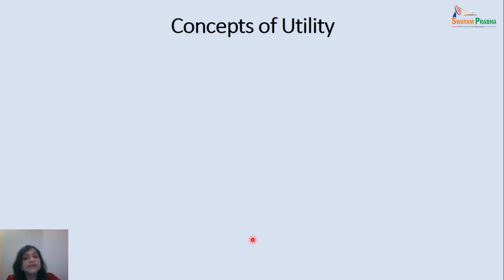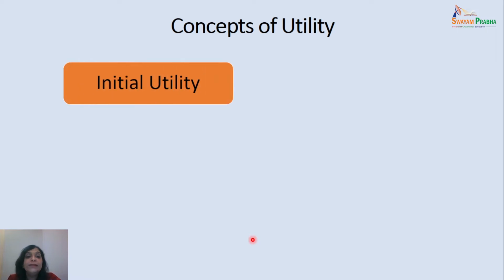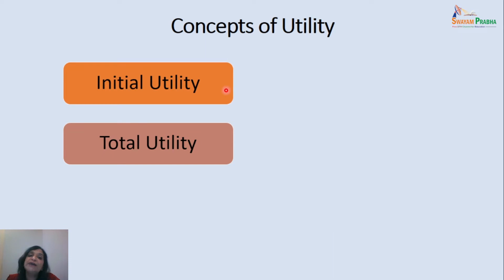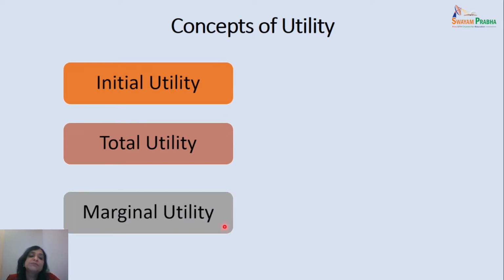Now there are various concepts of utility which we will now understand. One is called initial utility. Then we have total utility, and then we have what is called marginal utility. Now total and marginal.